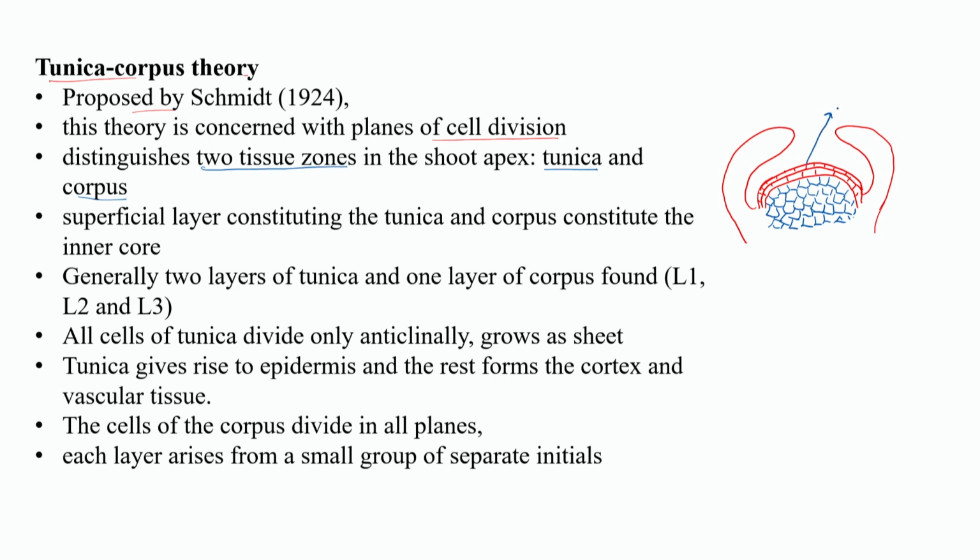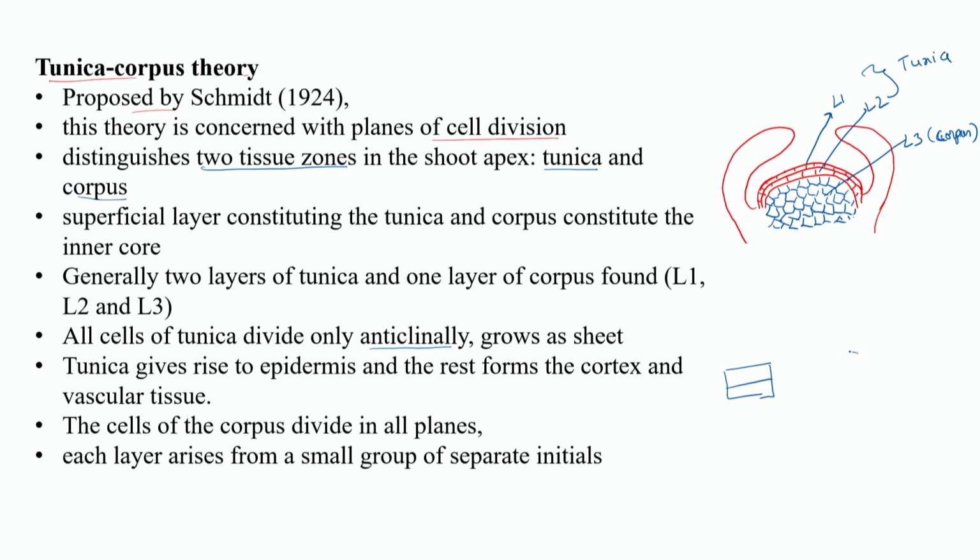They could be designated as L1, L2 and L3. Basically L1 and L2 are the tunica layer and L3 is the corpus layer. The most distinguishing feature of these layers is that the tunica will divide by anticlinal division. Anticlinal and periclinal we have already discussed. Periclinal means parallel to the surface.